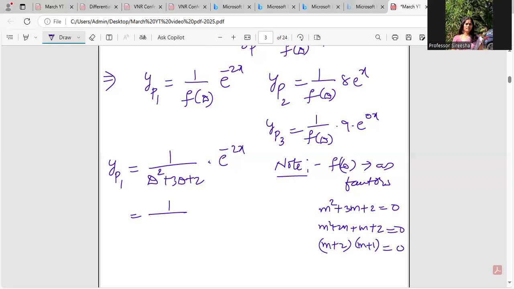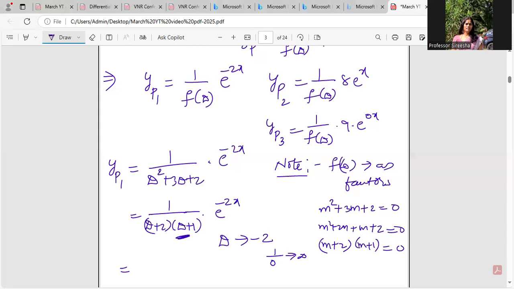So the factors in terms of d are d plus 2 and d plus 1, into e power minus 2x. Now you can clearly see when I am replacing d by minus 2, I am getting 0 in the denominator. Something by 0 would tend to infinity. So I have to remove the root separately. But if I replace d by minus 2 in the second part, there is no problem.